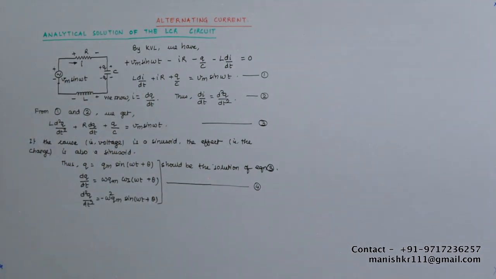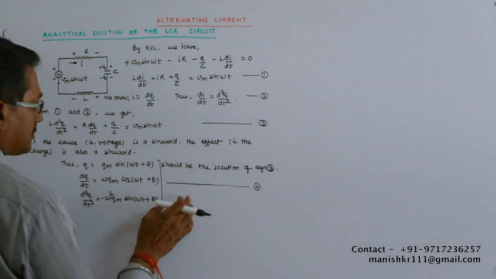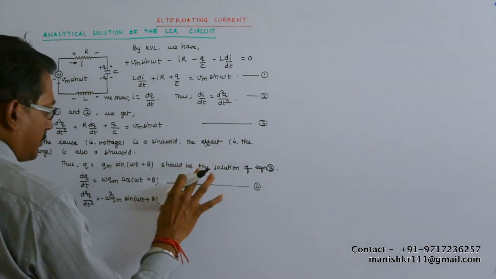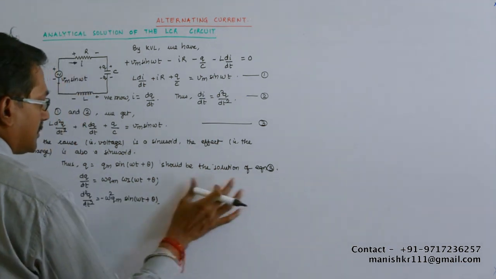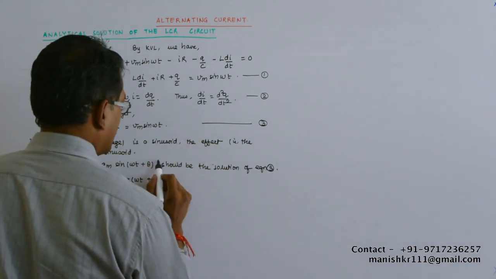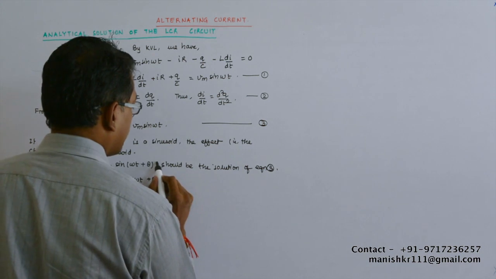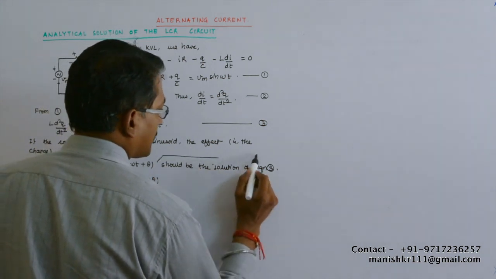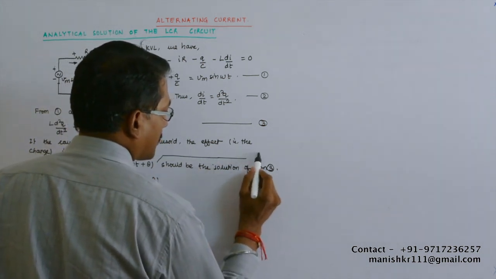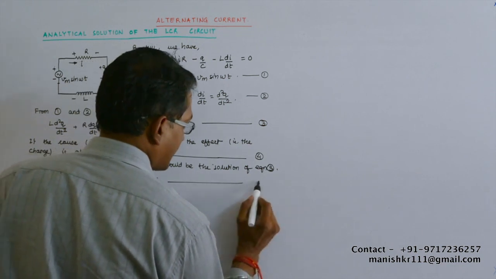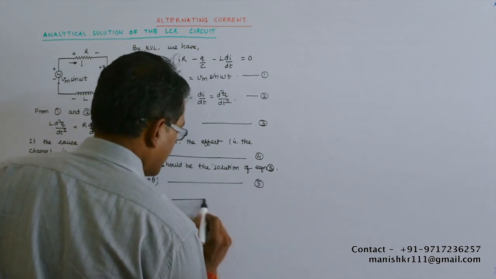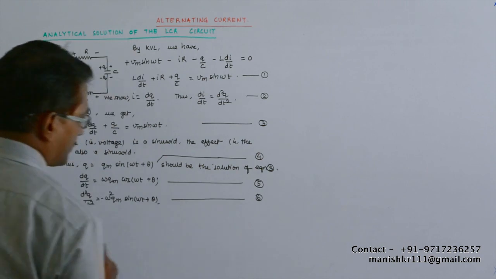All these 3 together are 4. Now what happens? You don't know what kind of trouble will come later. So let us name this as 4, this as 5, this as 6.